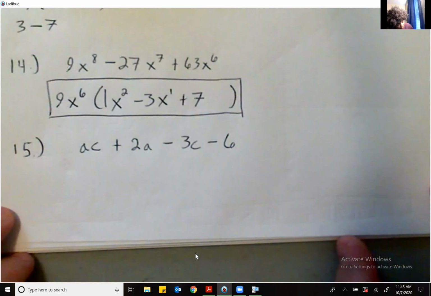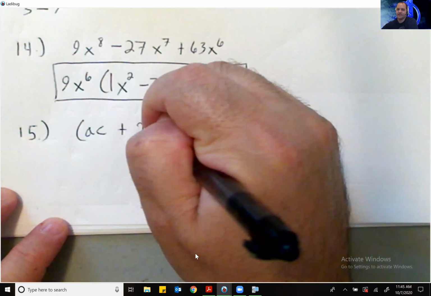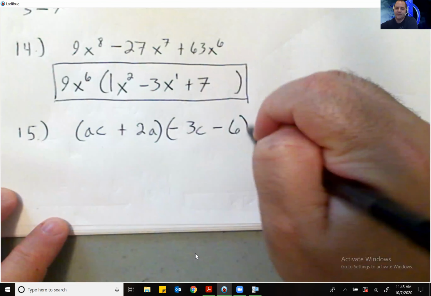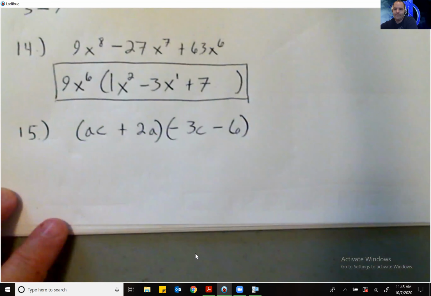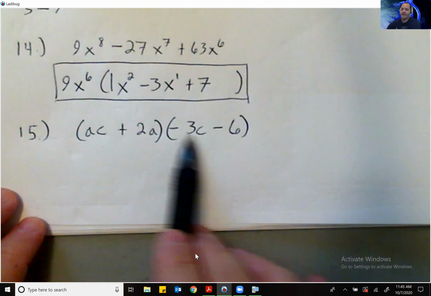In grouping, step number 1 is to group, hence why we call this grouping. We're going to group the first 2 together with parentheses, and you're going to group the last 2 together with parentheses. That's step 1. Step 2, we're going to pull out a GCF in both of these parentheses.